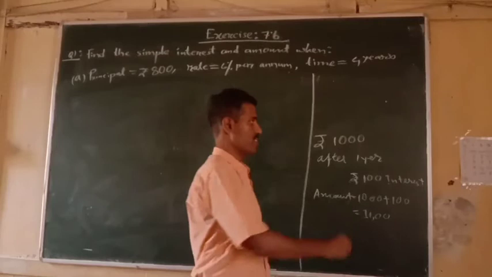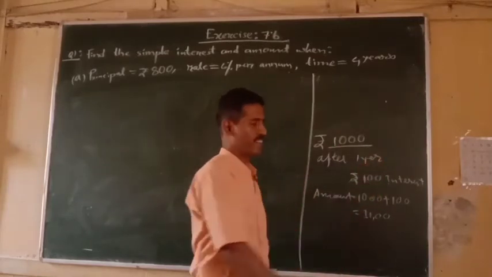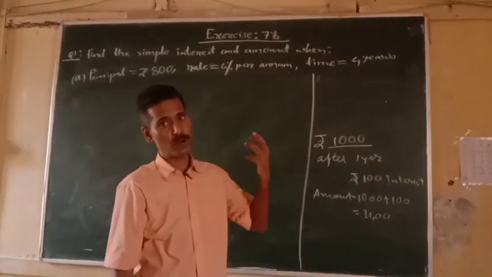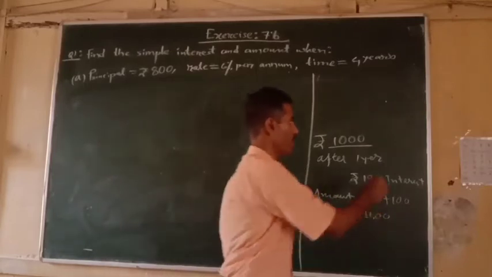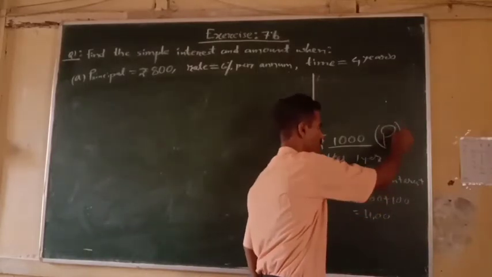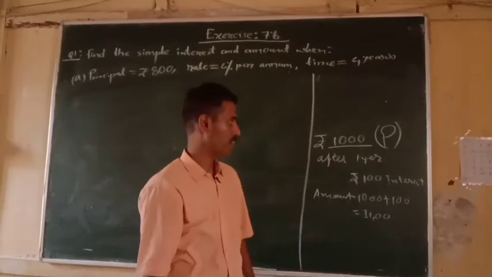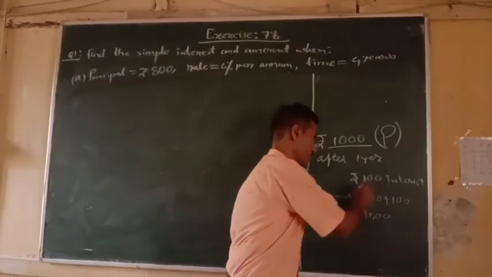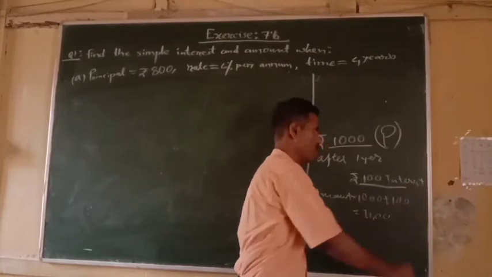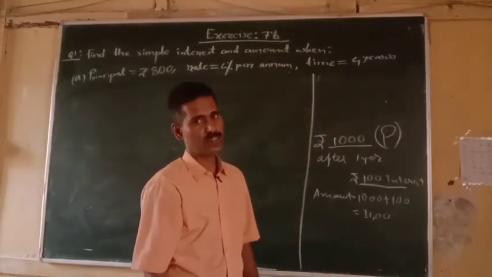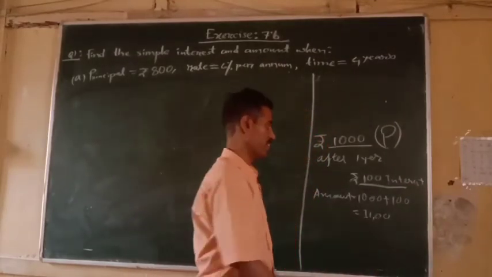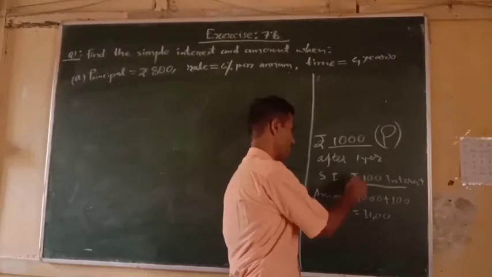The amount that you deposited in a bank is called your principal, or in short P, capital. And that extra rupees 100 you got from the bank is called your simple interest.